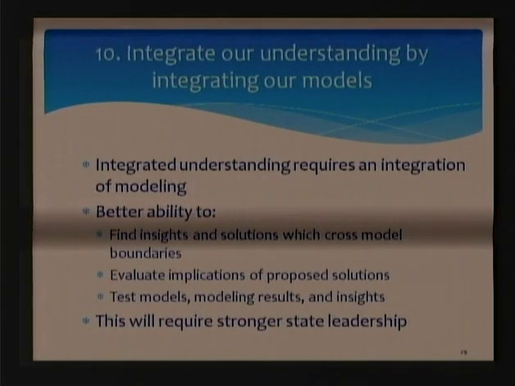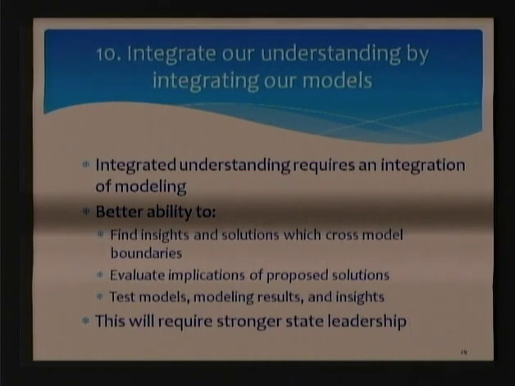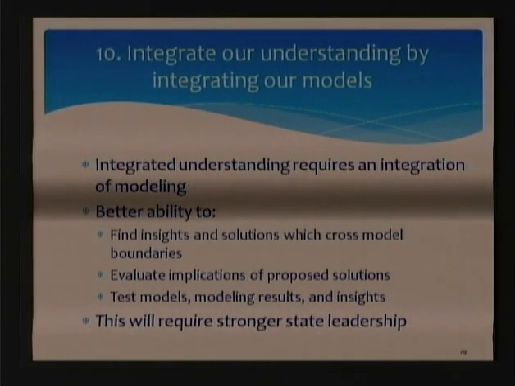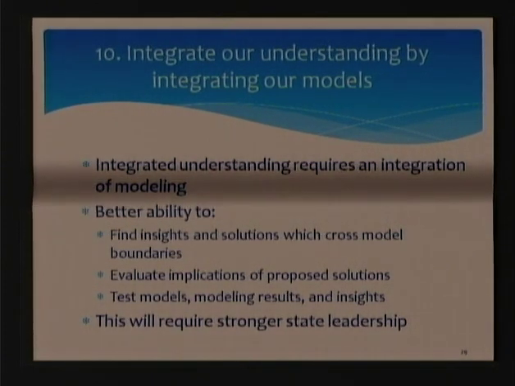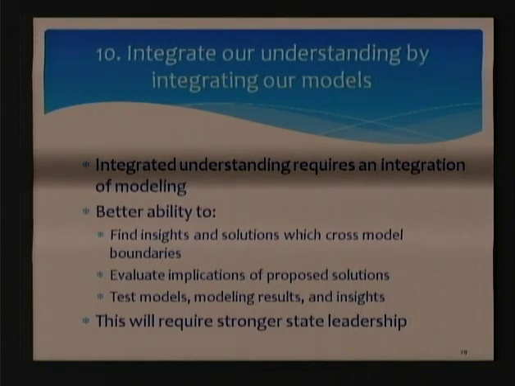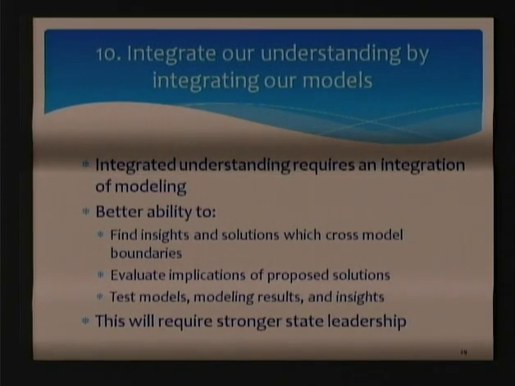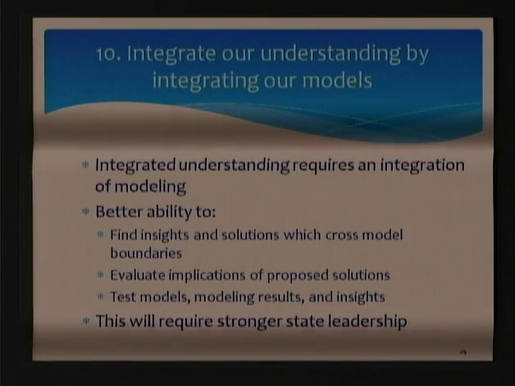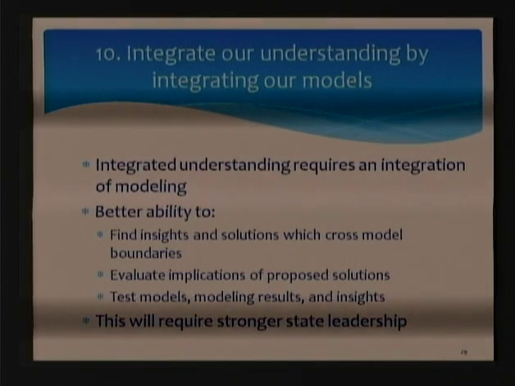Integrating our understanding of this very complex system is going to require some integration of our models. This is not to say that we want to have one Uber model that has everything in it. I don't think that would be a good idea. But we should have a little bit more forethought in how these models are going to fit together, and how the results are going to fit together, to give us a much more complete understanding of the system.